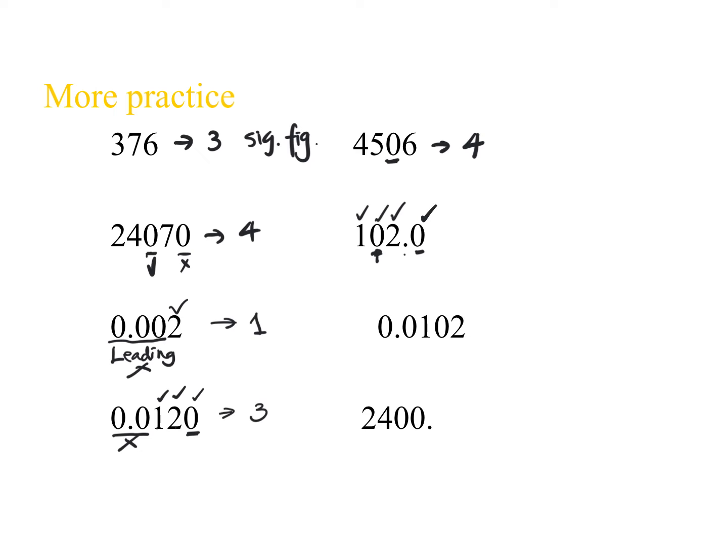So it's also significant. So we have 4 sig figs. 0.0102: leading zeros are not, trapped zero, yes, so it has 3. 24,000 with this actual decimal point. All the zeros are significant because of this decimal point. So there are 4 sig figs.